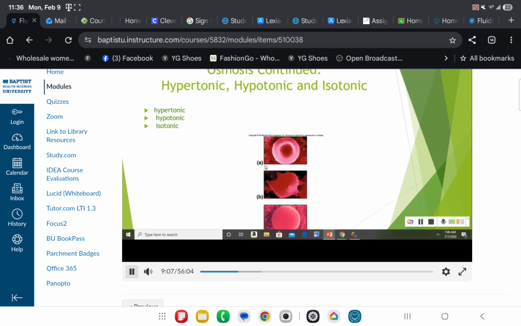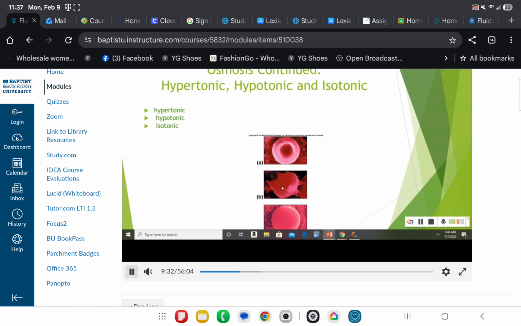Figure A gives you an example of a cell that's in an isotonic environment. I think a definition for an isotonic environment: this is where your solute concentration outside the cell is equal to the solute concentration inside of the cell. Okay. So if your solute concentrations are equal, you're not going to have any movement of water.